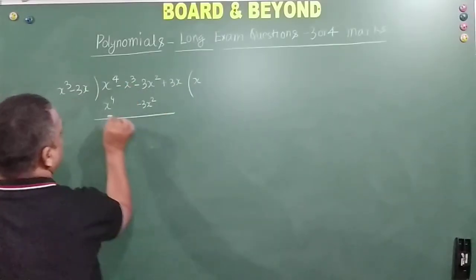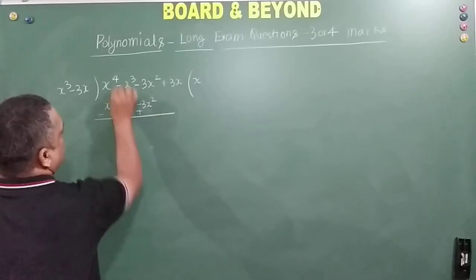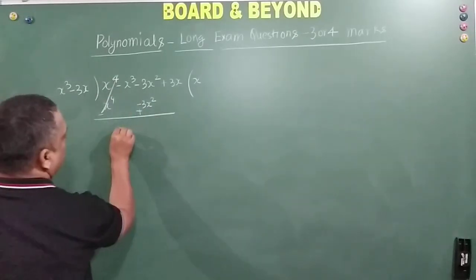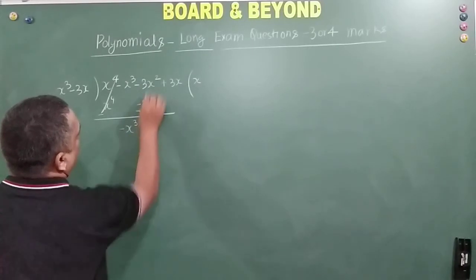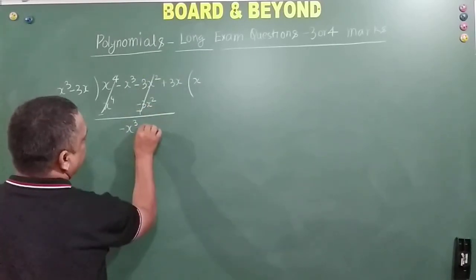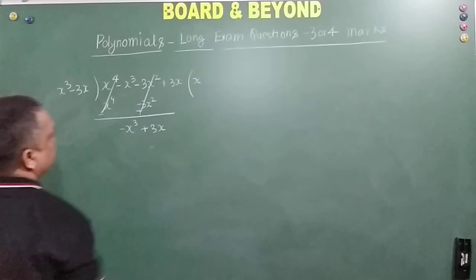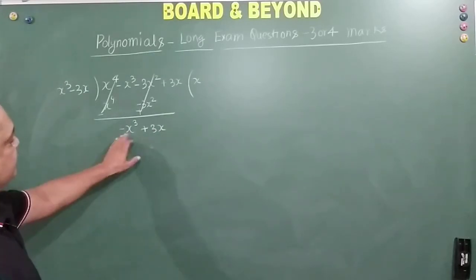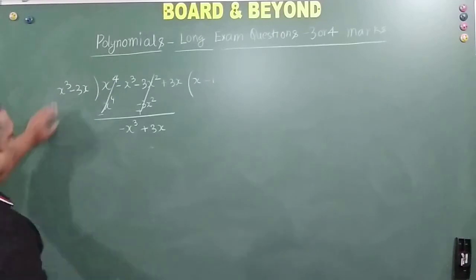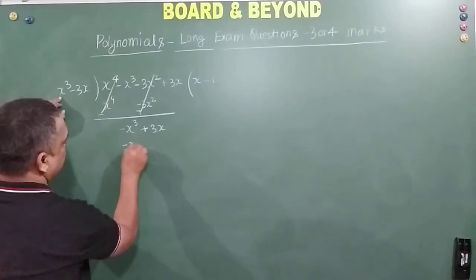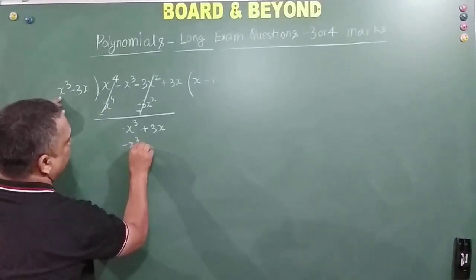Minus plus, this gets cancelled. Now I am left with x cube, and this also cancels. Plus 3x. x cube plus 3x, minus x cube plus 3x. So I just take minus 1 here because only signs are reversed. So x cube plus 3x.